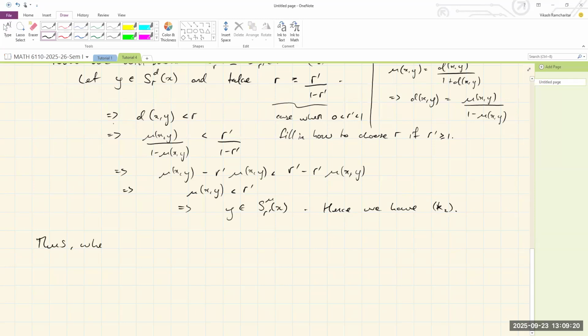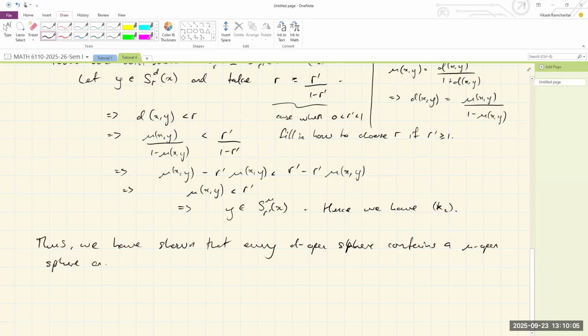Thus, we have shown that every d open sphere contains a mu open sphere. And conversely.